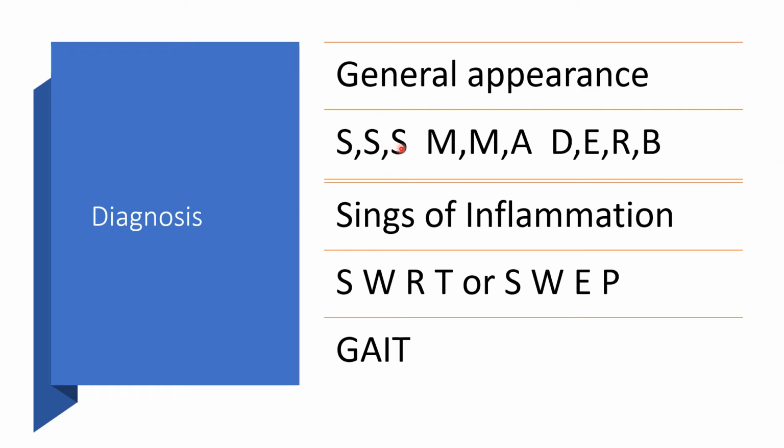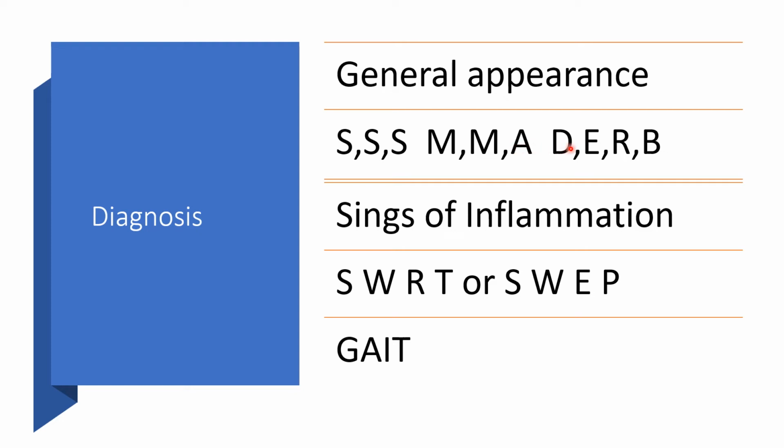Then we'll check for any symmetry or asymmetry. Okay, then swelling could be a mass in any way, so it could be the same. Then muscular atrophy, and then any alignment or any obvious deformity.